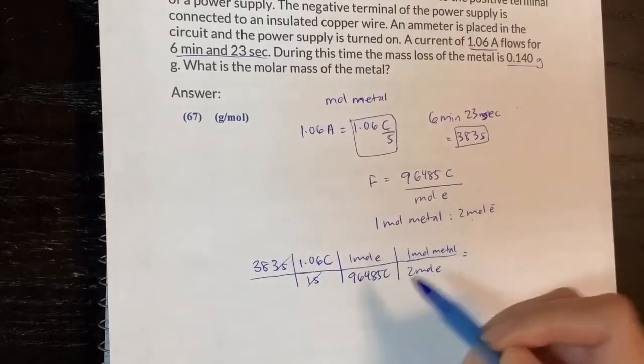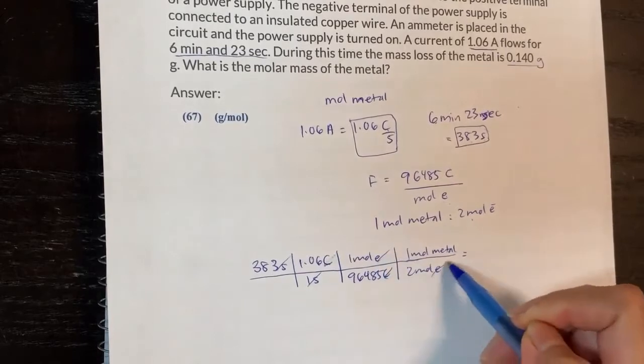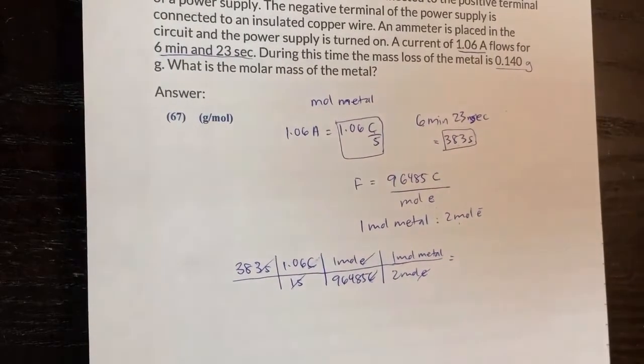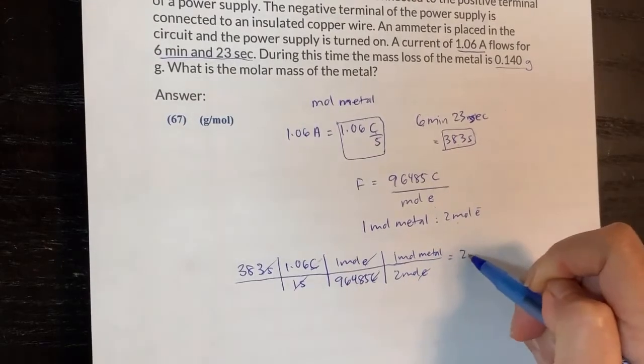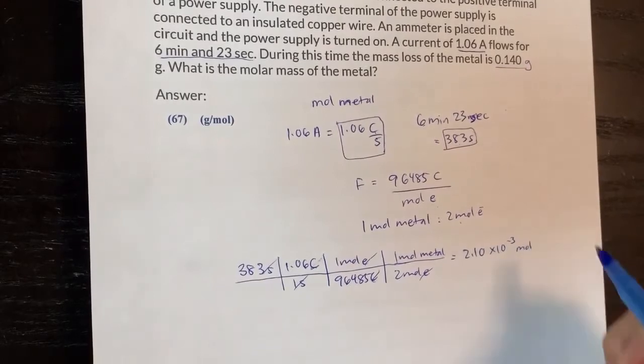Okay, so then you cross this coulombs off, moles of electrons off, you get moles of metal. So in this case here, let's see what we get for our number. I get 2.10 times 10 to the minus 3 moles of metal, okay?